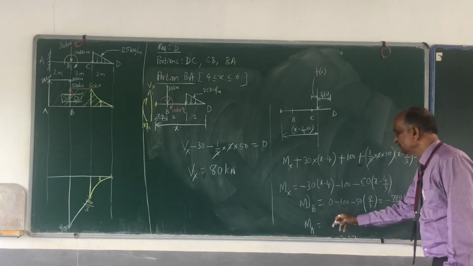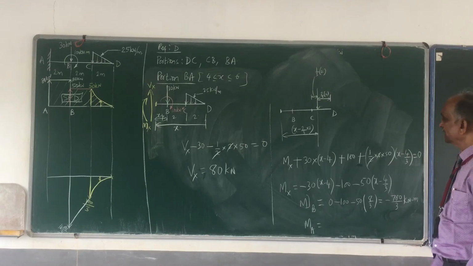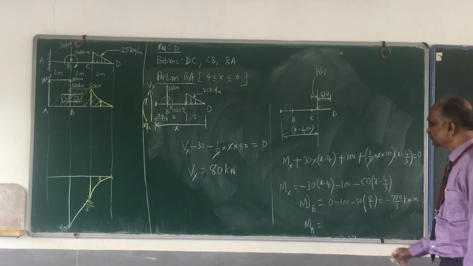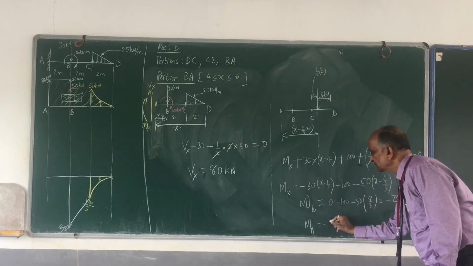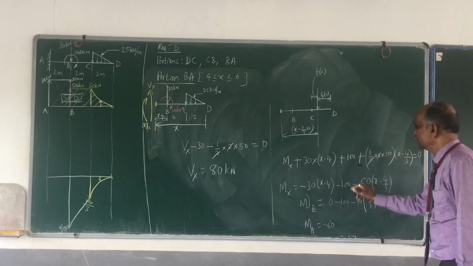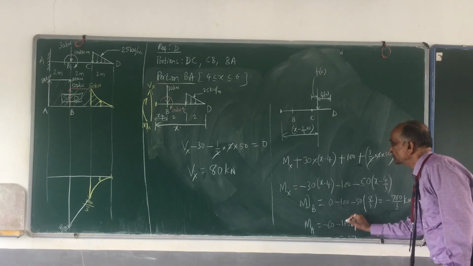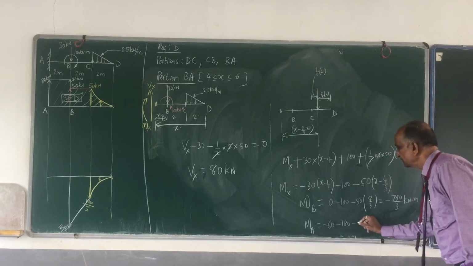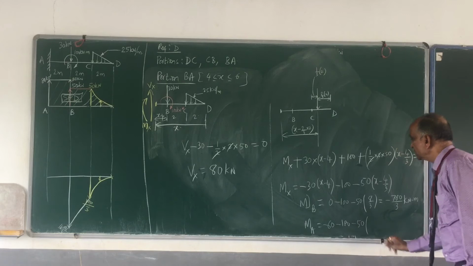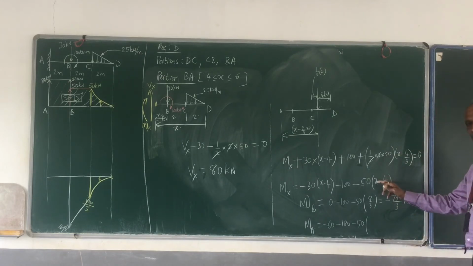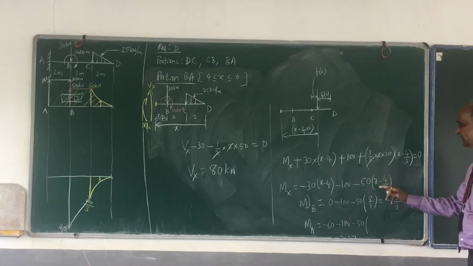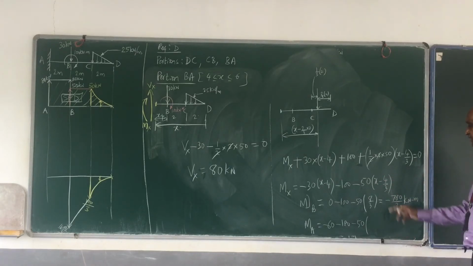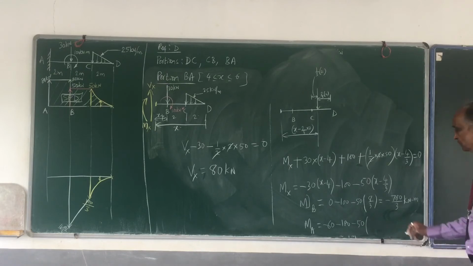And similarly, for the bending moment at A, I have to substitute x equal to 6. 6 minus 4 is 2, into 30. This is minus 60. This is minus 100 as it is. Then minus 50 into 6 minus 4 by 3. 6 I shall write as 18 by 3. So 18 by 3 minus 4 by 3 is 14 by 3.